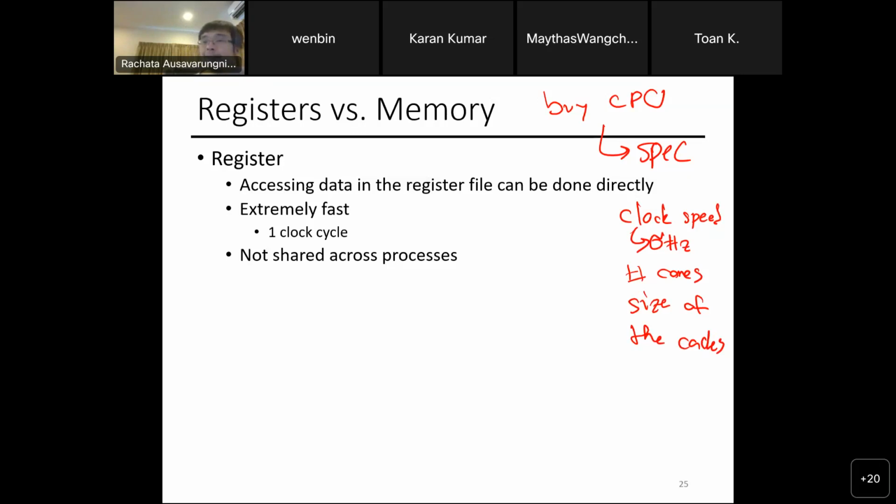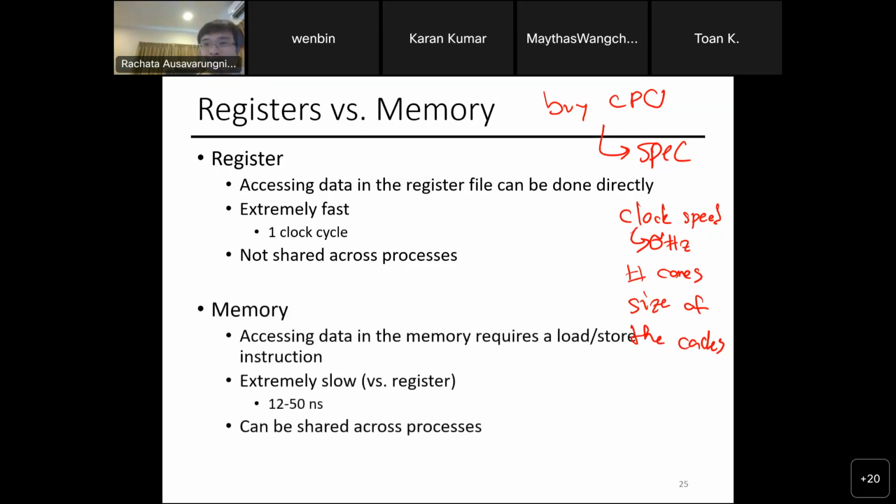But register is really fast. Memory, your DRAM, is really slow. 12 to 50 nanoseconds in CPU cycles. So let's say I have a 3.3 gigahertz clock, right?